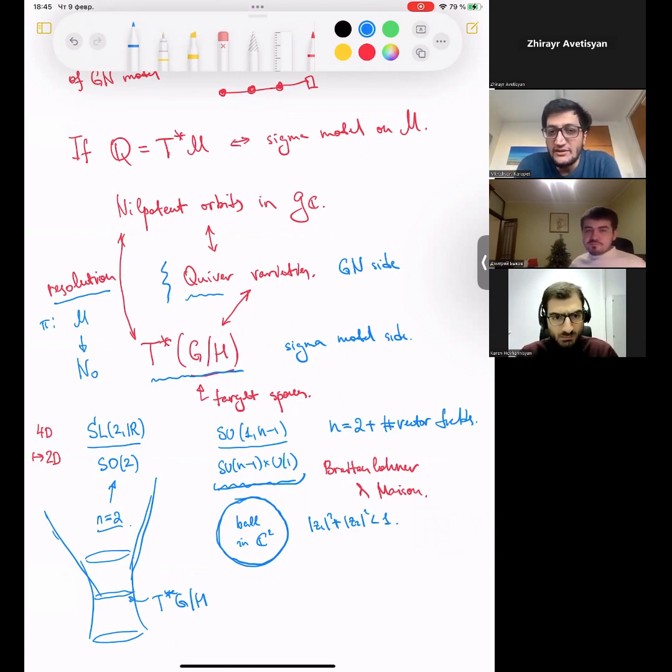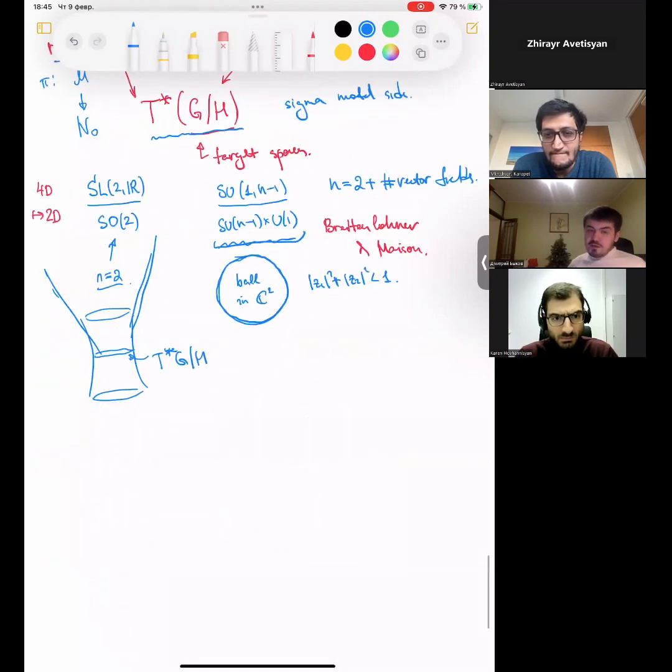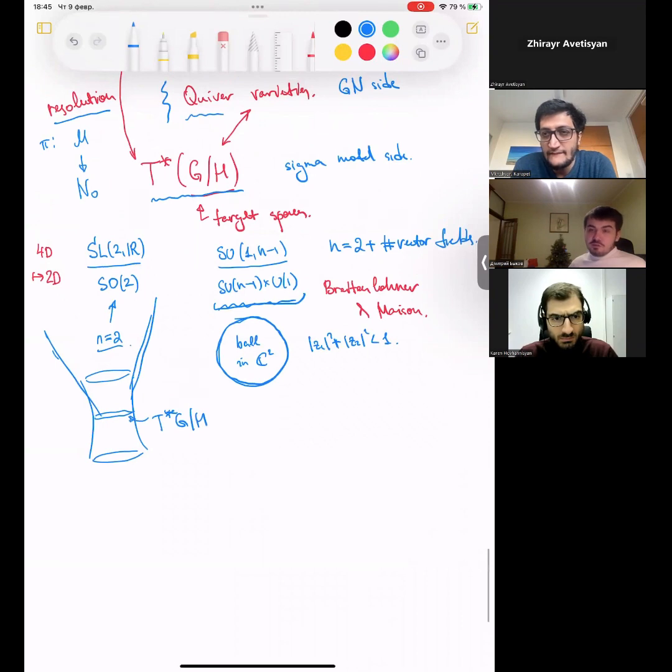For SO and SP cases, there's no such deformation, whereas in the case of SL there is the deformation that we were just talking about. Maybe that's related to your statement that the resolution exists only for SL. Moreover, in cases where resolutions exist in SO and SP, they are for non-minimal orbits.